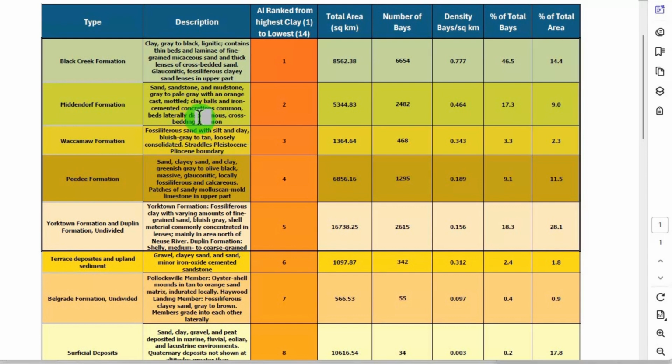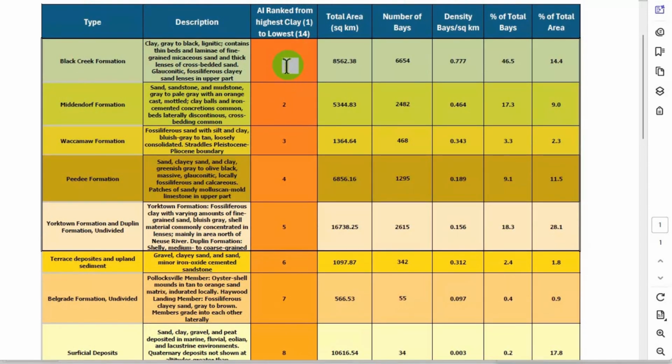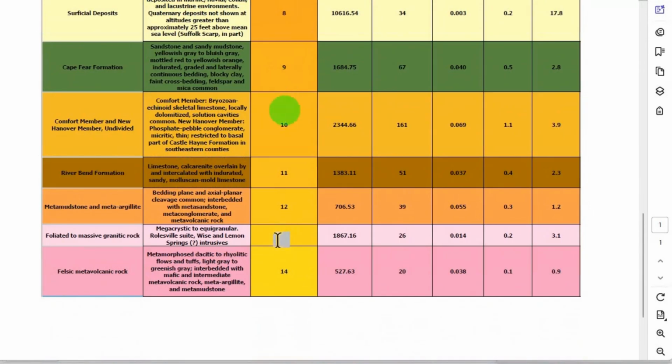I copied all of those descriptions into a program and asked AI to rank them from the highest clay content to the lowest clay content. And so this is how they were ranked. One being the highest clay content, and 14 being the lowest clay content, and that's felsic metavolcanic rock here.